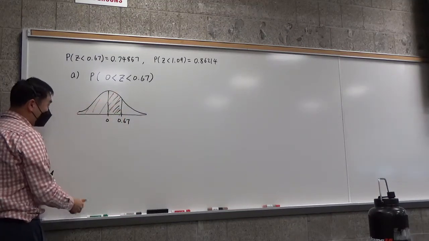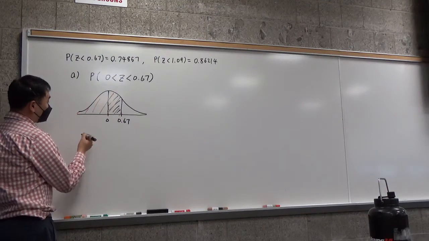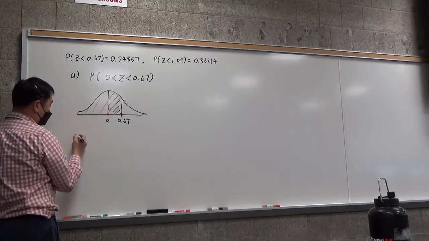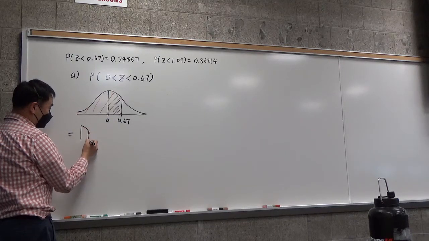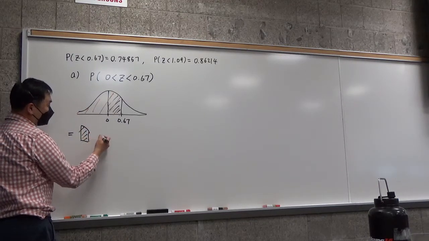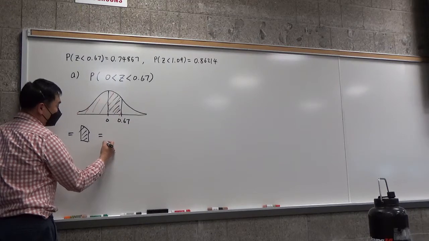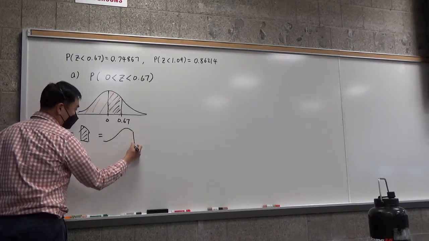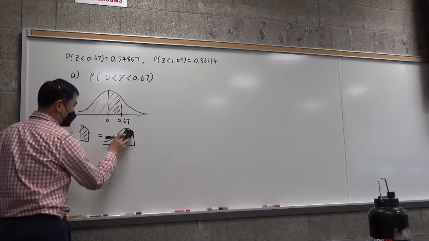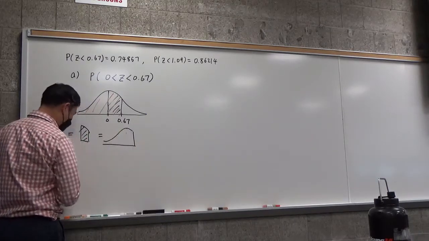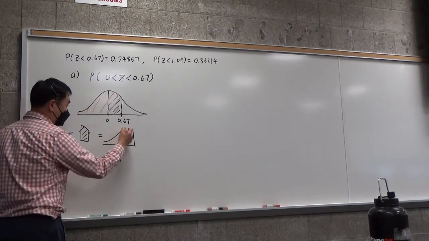What is that? 0.74857. Right. So what I'm trying to say is that this thing right here, this much of the shaded area, is the same thing as taking everything up till that point, the orange one, right?